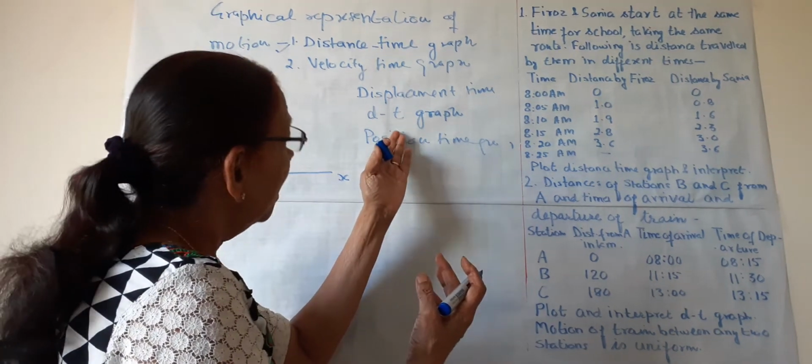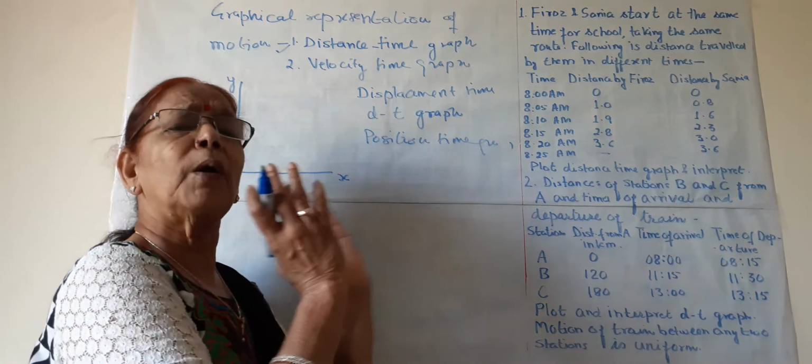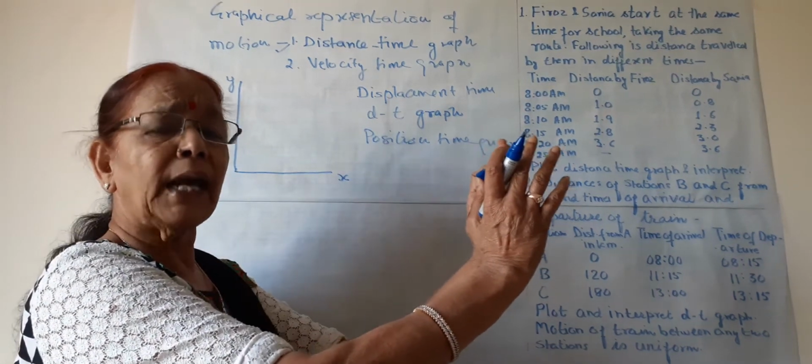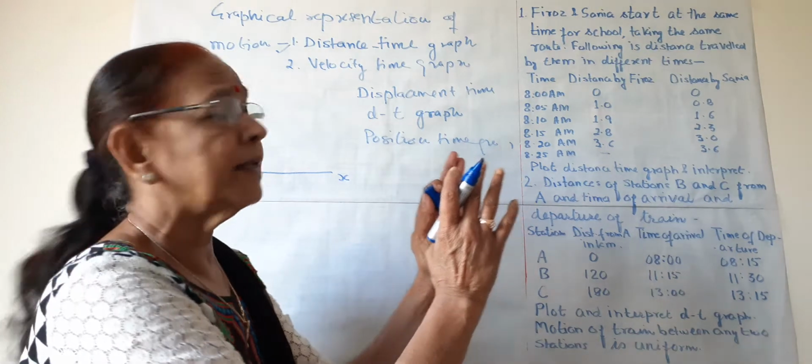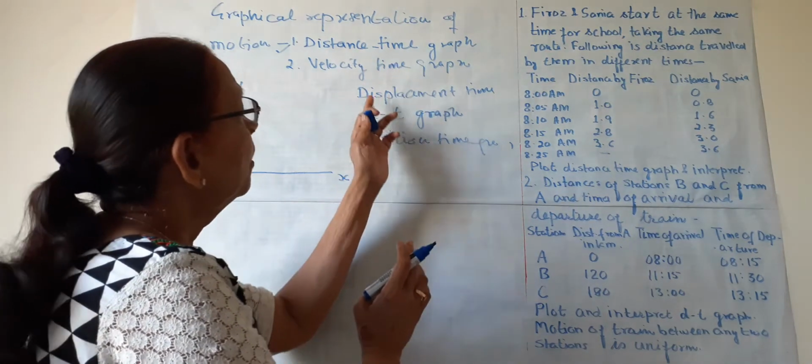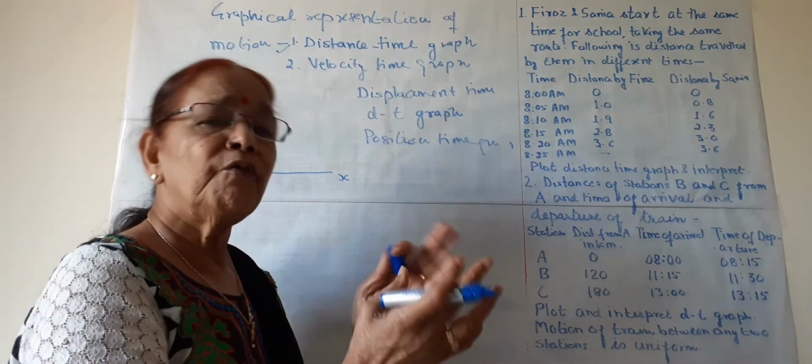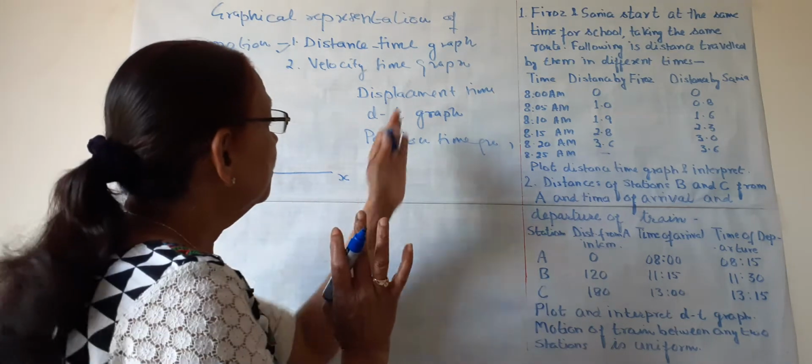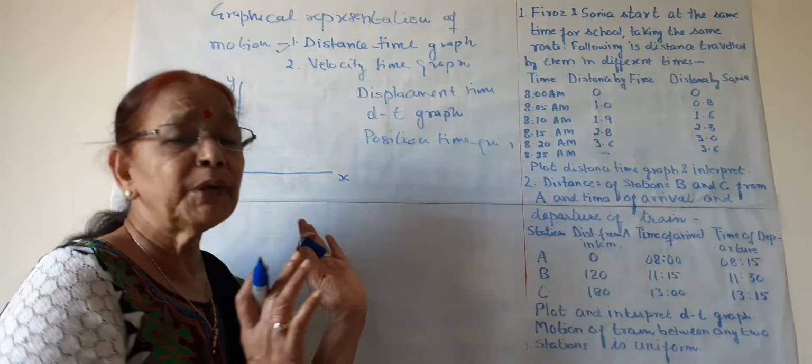So for graphs where the body is moving in a straight line without changing its direction, the distance time or displacement time graph is one and the same thing. So four names of the same graph.